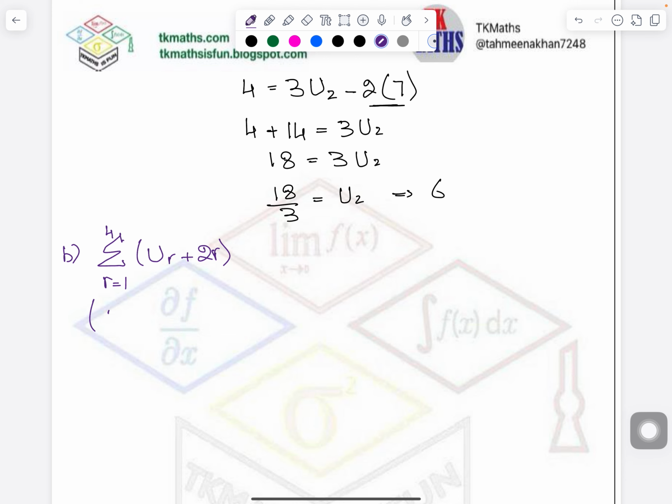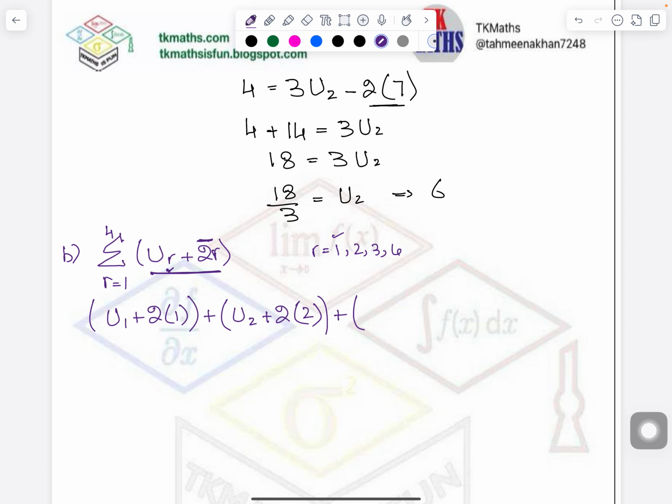So it will become u1, I'm starting with 1. I will substitute r as 1, 2, 3 and 4 in this expansion. So u1 plus 2 times 1, first substitution is done. Now I will do r equals 2. u2 plus 2 times 2, because it is 2r, it means 2 multiplied by r.